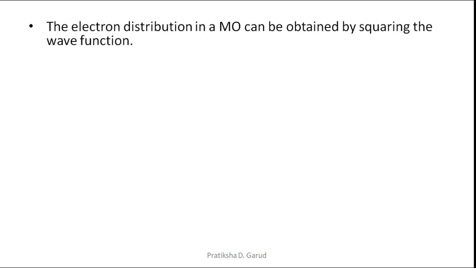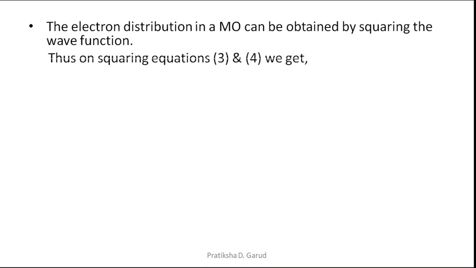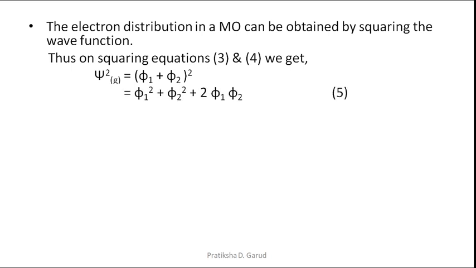Now, the electron distribution in a molecular orbital can be obtained by squaring the wave functions. So, let us square the earlier equations, equation numbers 3 and 4. We get psi g square is equal to (phi 1 plus phi 2) whole square, which is equal to phi 1 square plus phi 2 square plus 2 phi 1 phi 2.